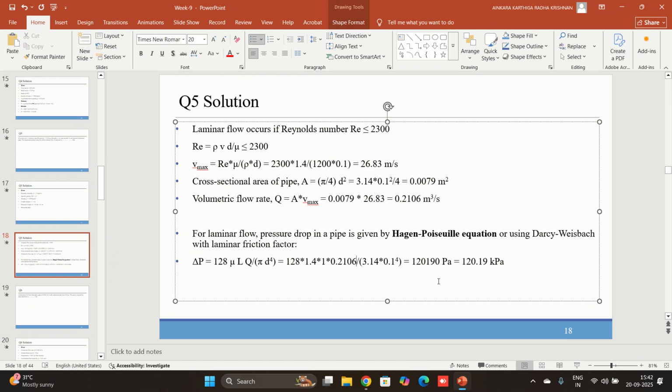So it is 120,190 pascals. But in the question, if you remember correctly, we were asked to give the answer in kilopascals. So it becomes 120.19 kilopascal. We just divided it by 1000.